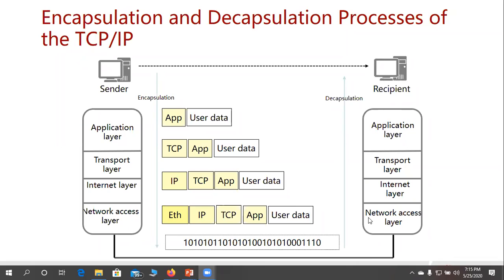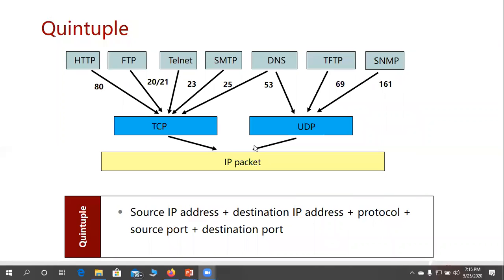So you see here, we're going to remove this Ethernet, and then here, we are going to remove the IP, and then here, we're going to remove the TCP. So in the application, we're going to remain with this. That is when the receiver will be able to understand the received information.